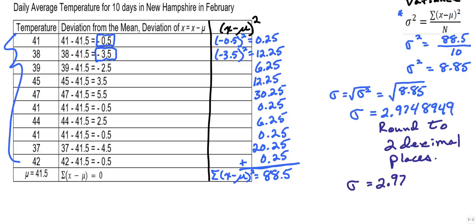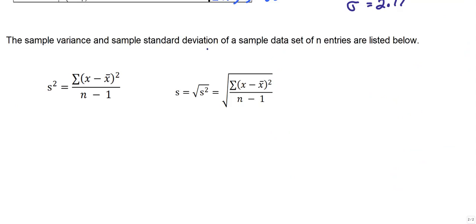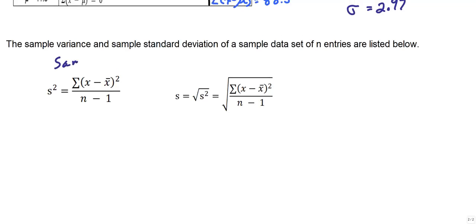Now let's talk about variance and standard deviation for a sample, because the formulas do differ a little bit. So now let's introduce the sample variance and sample standard deviation of a sample data set of n entries. Those are listed below. The first one is the sample variance. Instead of using the lowercase Greek letter sigma, we'll use lowercase s, and instead of using mu, we use x bar.